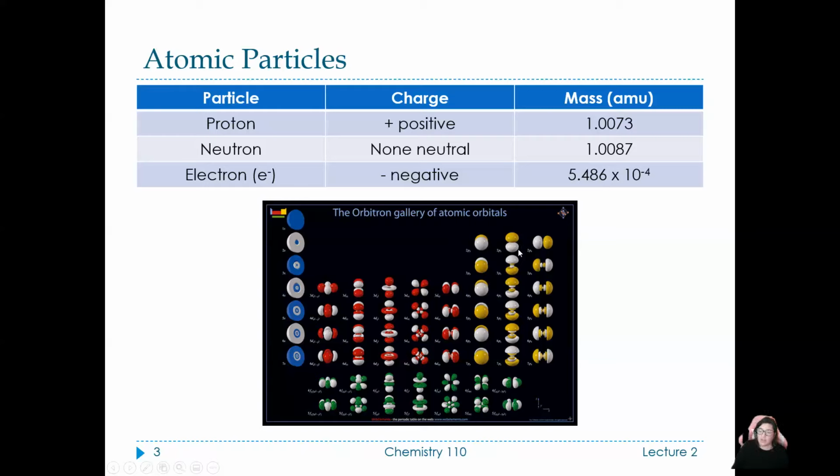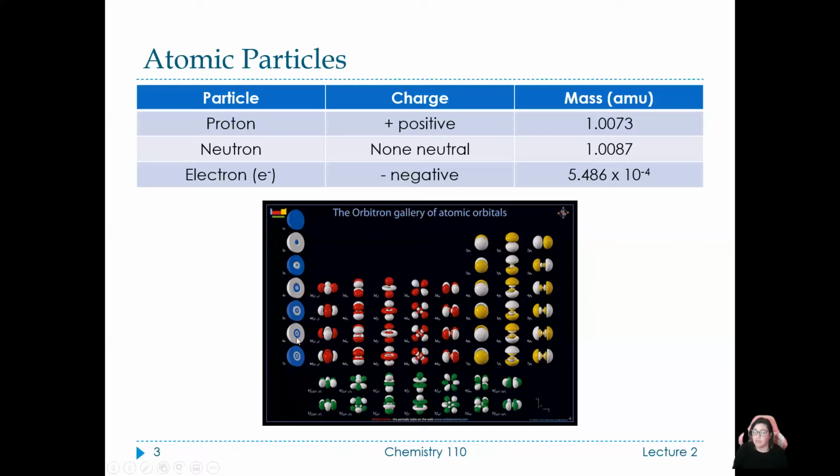But the thing is, it fills s, p, 4s, 3d, 4p. The energy levels go that way. And so that's the way it fills. And that's why this line right here does not exist in the periodic table. Okay, that does give us some ability to do some funky things, and we can talk about that later.